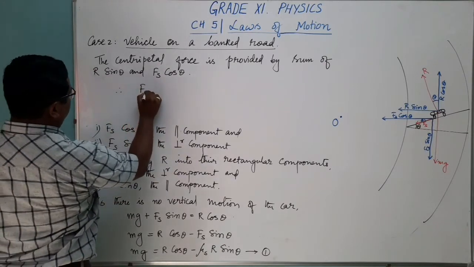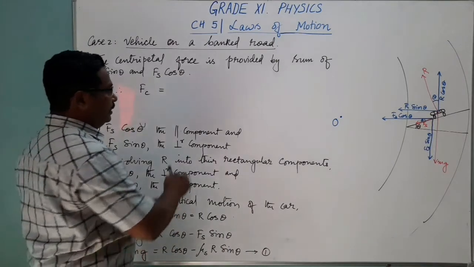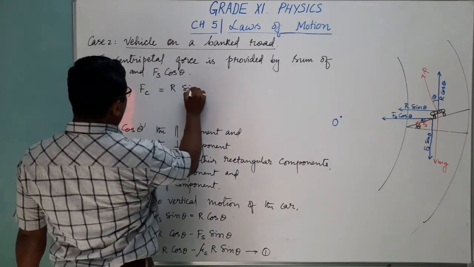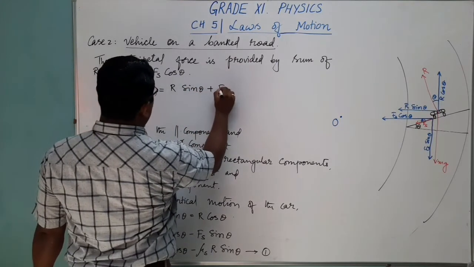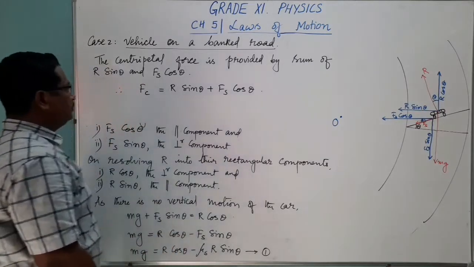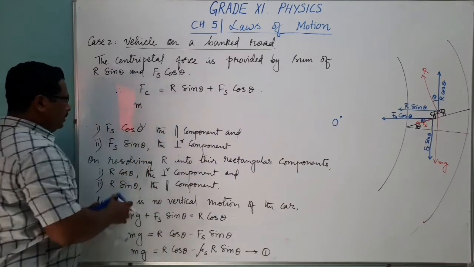Therefore, Fc, the centripetal force, is equal to R sin theta plus Fs cos theta. Here also, Fc we will write down later on.